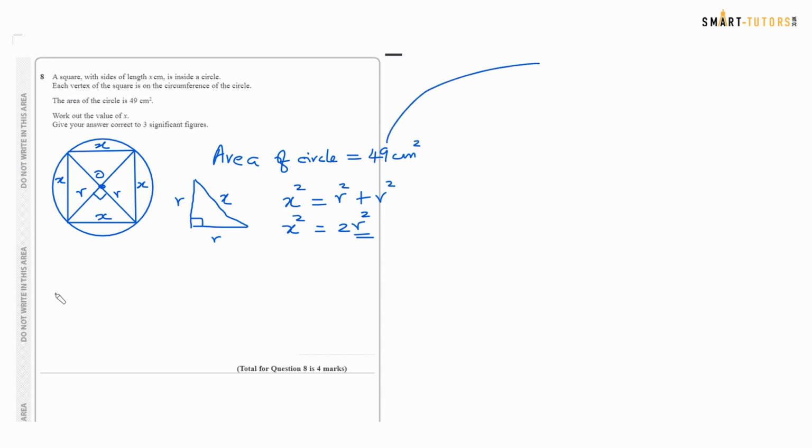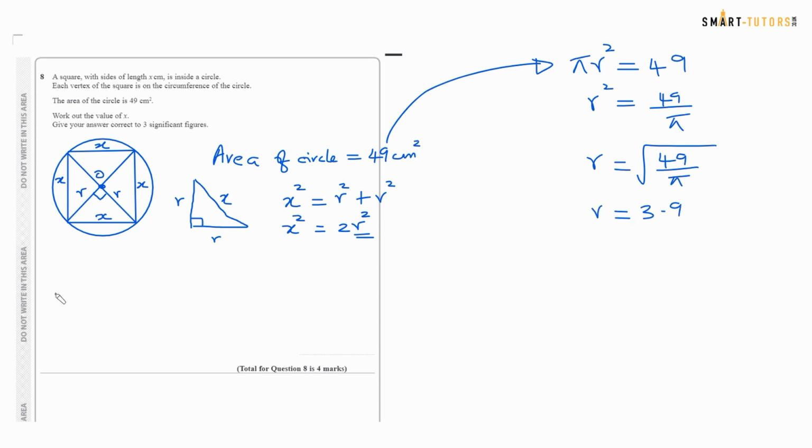The radius can be found from the area information. So let's start with that one. So pi r squared equals 49, and r squared is 49 over pi and r equals square root of 49 over pi. You know how to enter this into the calculator and you will get an answer 3.94932.